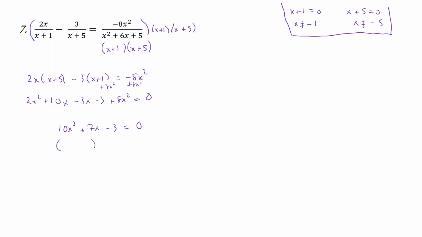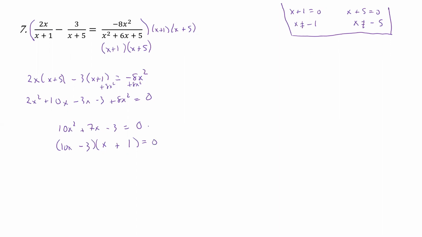Now I have to factor this. And maybe, how about a 10x and an x, and maybe a 3 and a 1. And I need the larger one to be positive, so that'll be a plus, that'll be minus, so that's 10x squared. Then I have 10x minus 3x is 7x, and then minus 3.